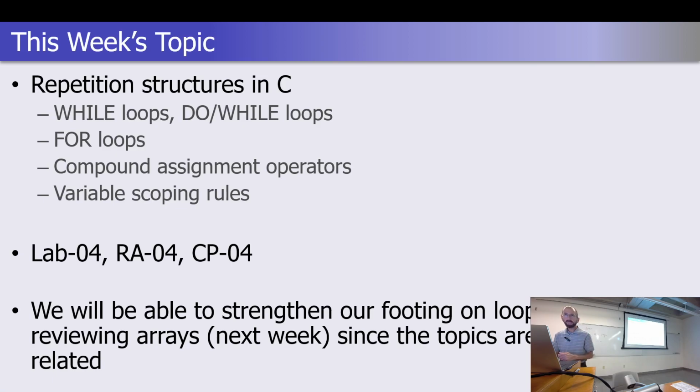Very soon, as you finish up Lab 3, you're going to have Lab 4, and then RA4 and CPO4 related to this topic. Arguably we really want the next topic as well, which is arrays, because they are very closely related once we get there.